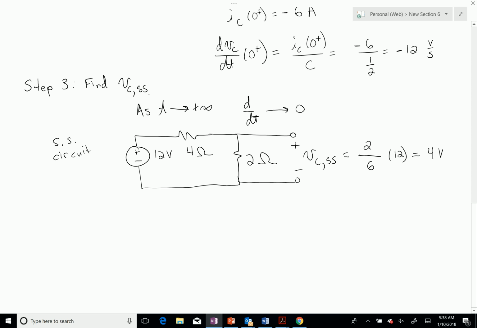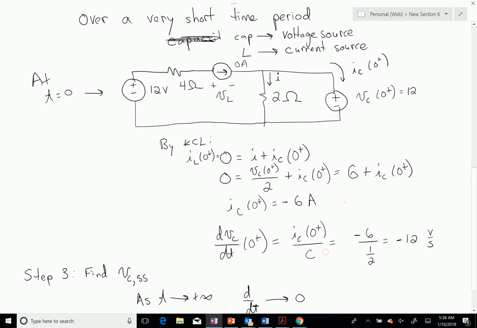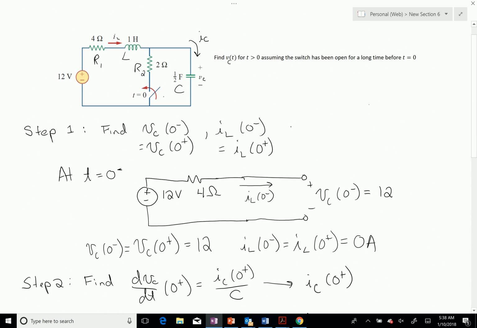So I know the steady state voltage. When all is said and done, long after the switch is closed, the voltage on here is going to be 4 volts, and it's going to begin at 12 volts. And I know that the current is initially such that this capacitor is discharging. That's important.